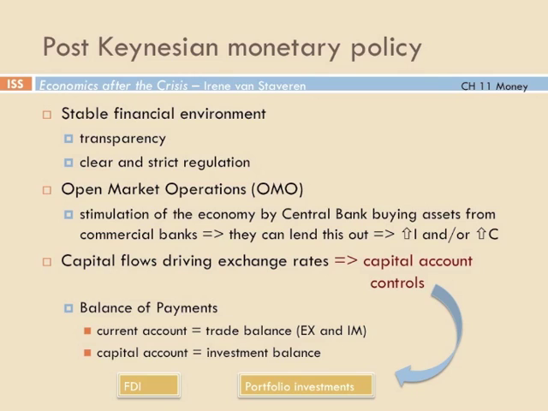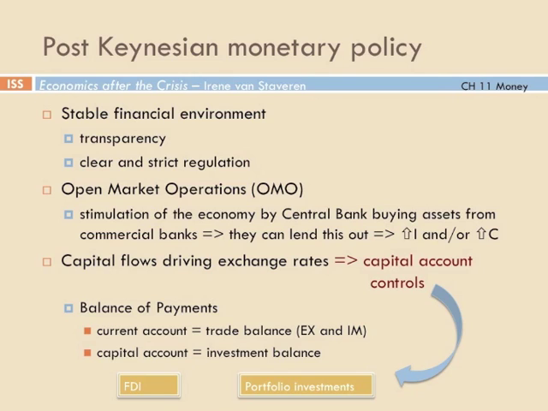The last slide about the post-Keynesian theory of money discusses monetary policy. Of course, we all like to have a stable financial economy that is transparent and clear. But that's not always the case, unfortunately.